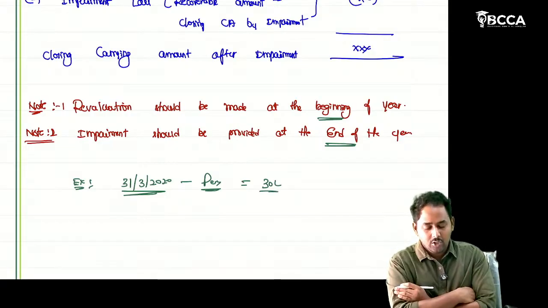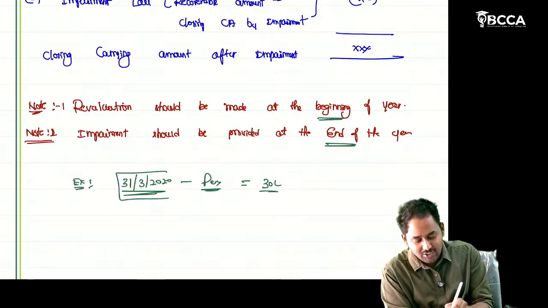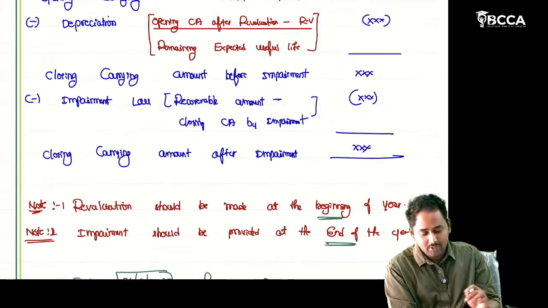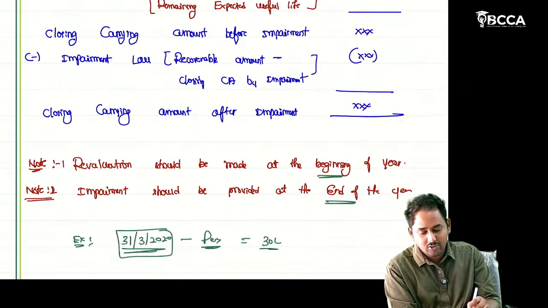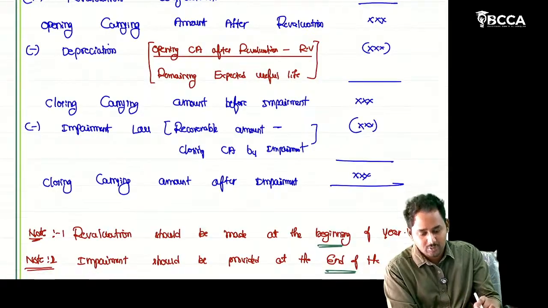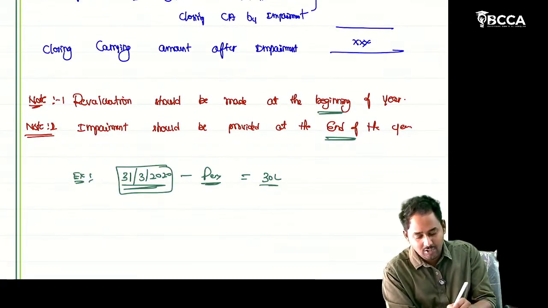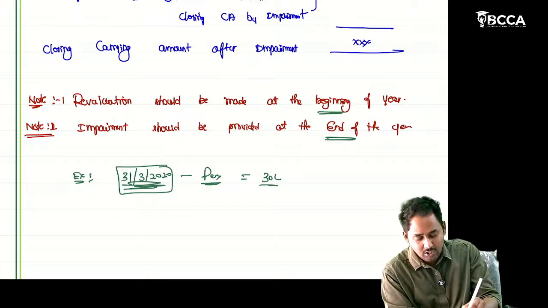It means you are not supposed to do it on 31/3/2020, because in our format we provide the revaluation at the opening of the year. They provide the information on 31/3/2020, so you should provide the revaluation on 1/4/2020.